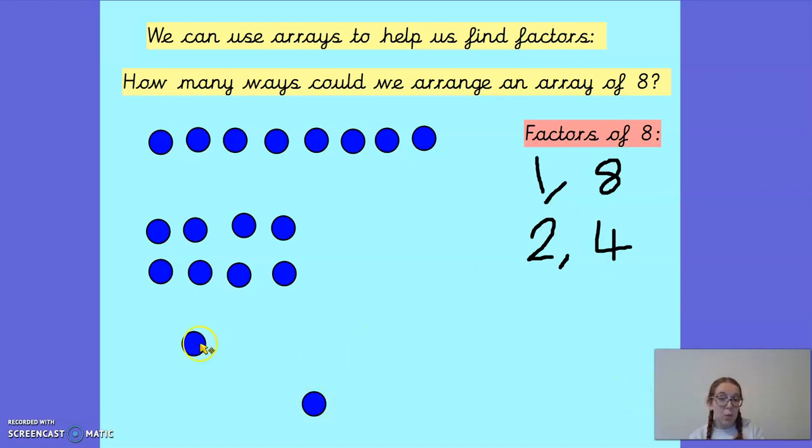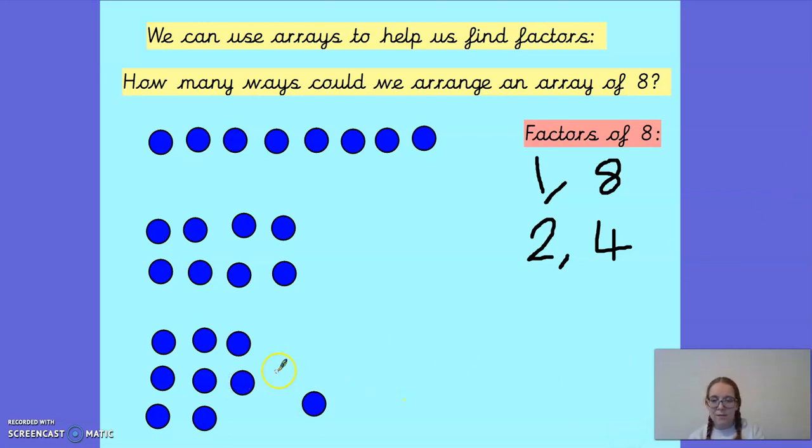Let's see if I can make it work. 1, 2, 3, 4, 5, 6, 7, 8. So now this is not an array because I've got a missing gap, so I cannot use this as an array because it's not made a regular shape.